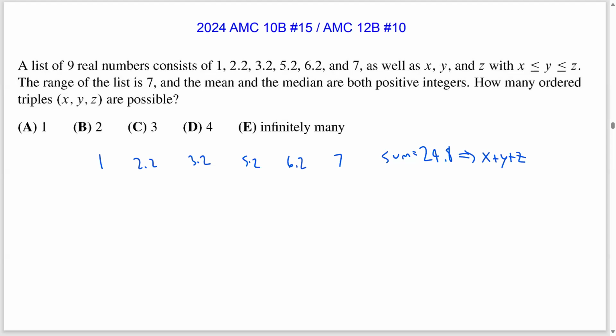So we're going to abuse a little bit of modular arithmetic notation and just say x plus y plus z is 2.2 modulo 9. This means that x plus y plus z can equal any of the numbers 2.2, 11.2, 20.2, etc., as well as negative 6.8, negative 15.8, and so on.